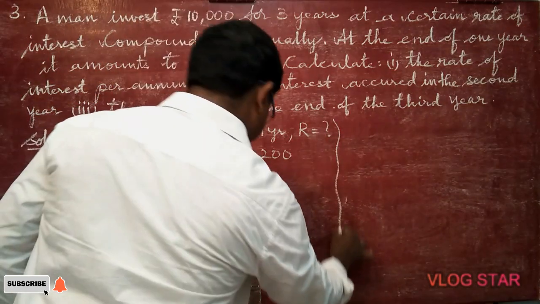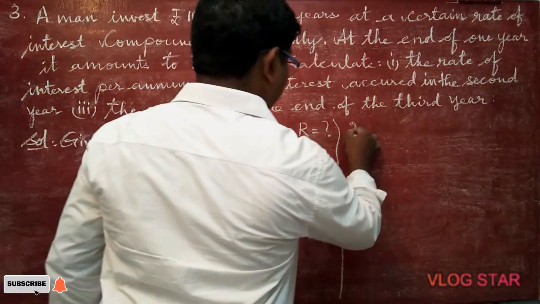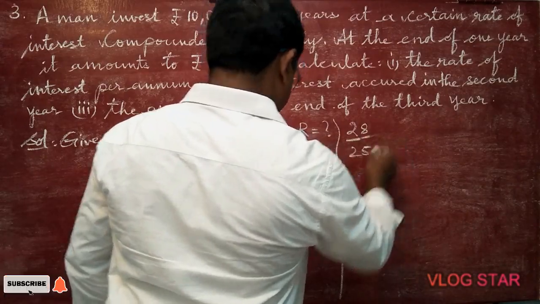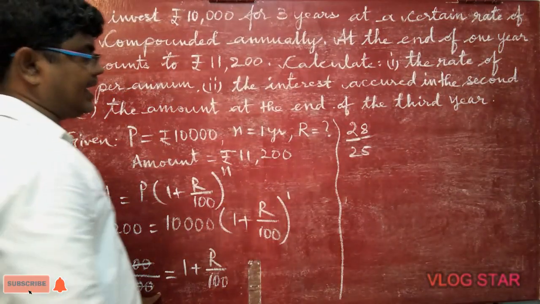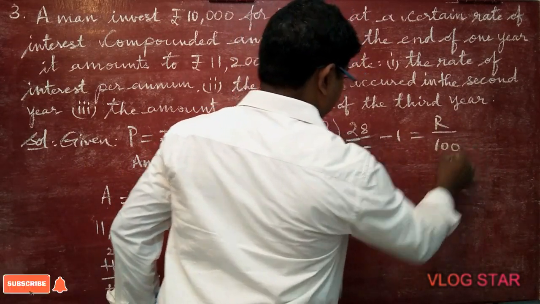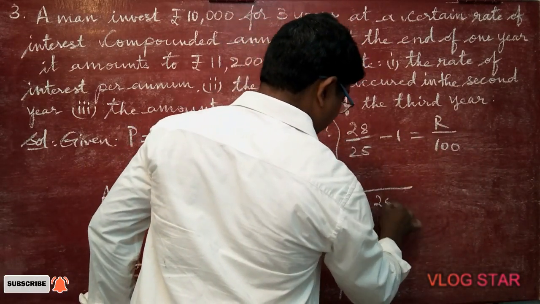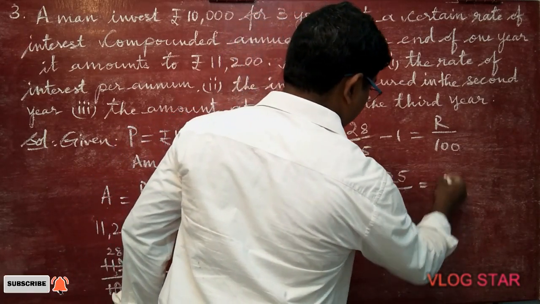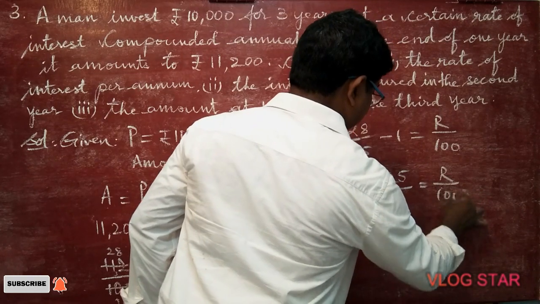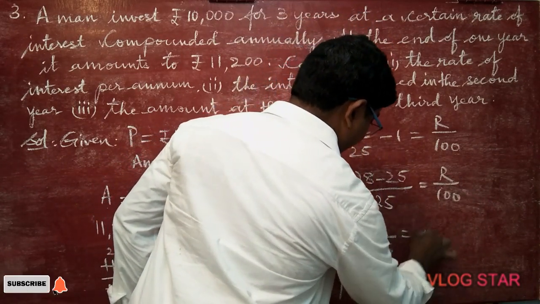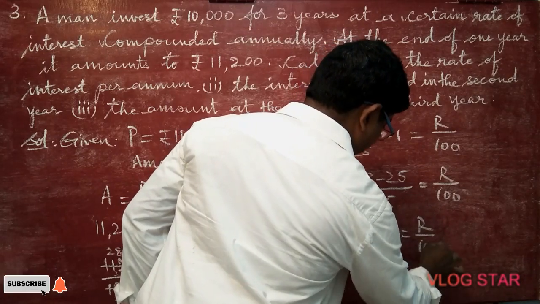Now calculate. 28 by 25 plus 1 coming from right to left will be minus 1 is equal to R by 100. Now 25 is the LCM. 28 minus 25 is equal to R by 100. So 3 by 25 is equal to R by 100.